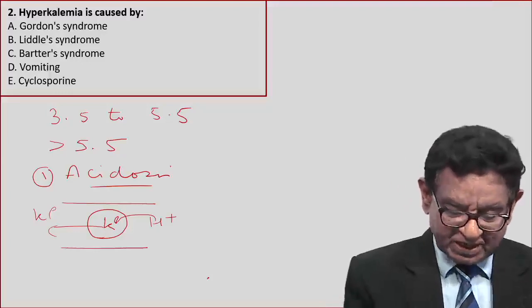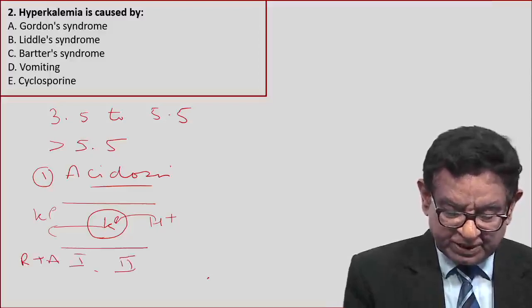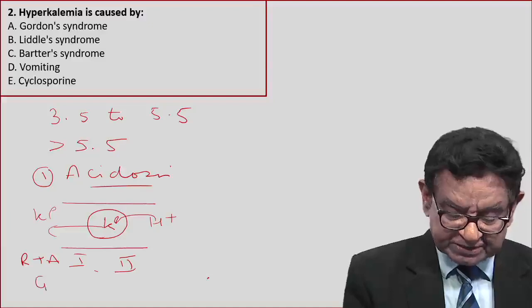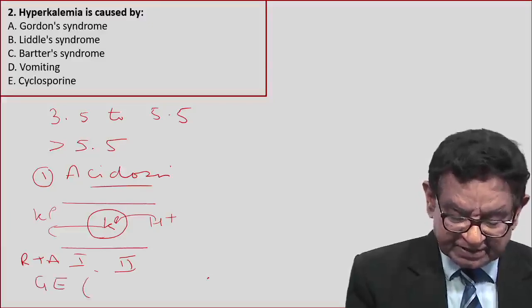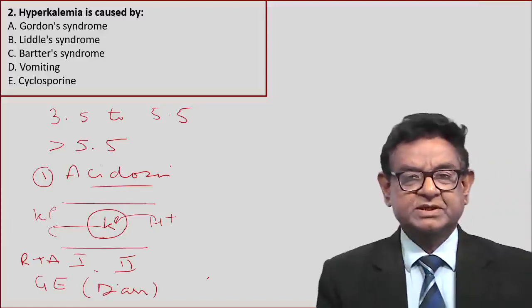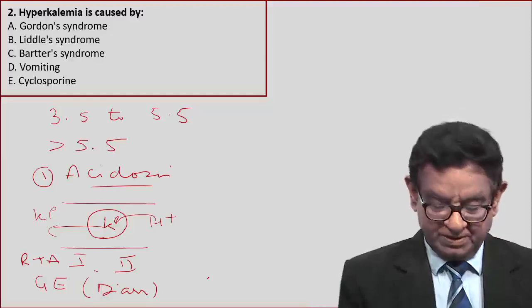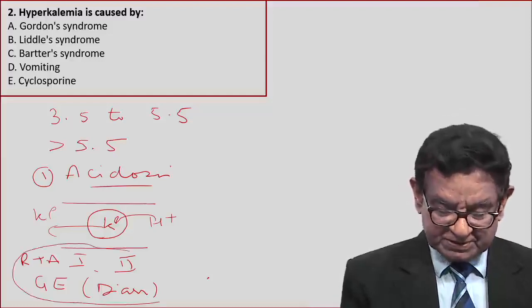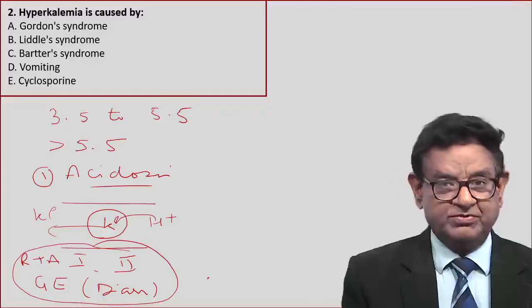The conditions are RTA type 1, type 2 and severe gastroenteritis, that is severe diarrhea, which can lead to metabolic acidosis with hypokalemia. Friends, this is a top rank getting question for you.